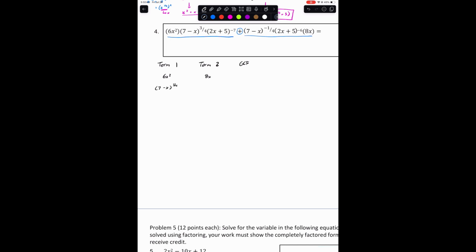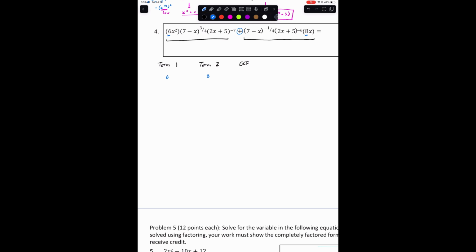Okay, I'm going to use colors real quick. So I want to find stuff I can take out, but if I want to take stuff out, I have to share something common. So first you have your constants. 6 and 8 will be my first two factors to consider.